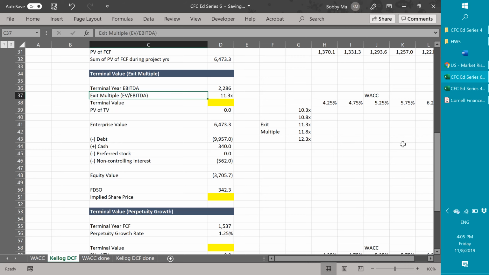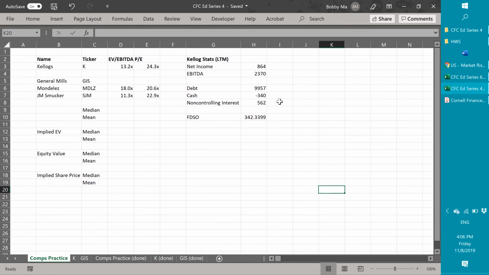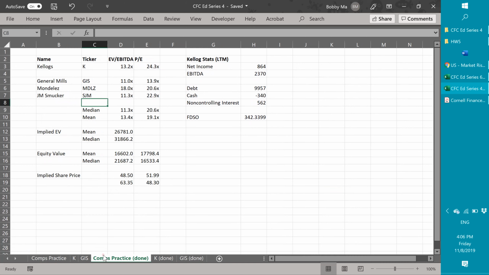And again, the EV over EBITDA multiple is just saying how much we're willing to pay for this level of EBITDA. So here the interpretation of this is we're willing to pay $11.3 for every dollar of EBITDA that Kellogg's generates. So where I got this 11.3 is if you go back to our comps analysis from 2 weeks ago, we got a median of 11.3 for our EV over EBITDA multiple.